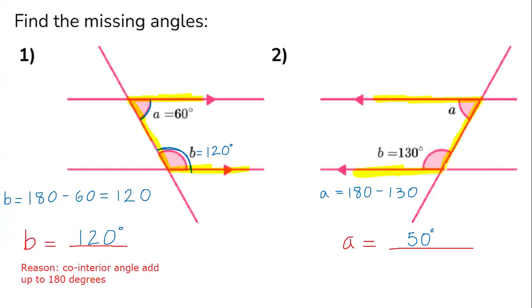So if this is the C shape, what type of angles do we call these? If we have the C shape on the inside, we call these what? Co-interior angles. Very good. And we know that they add up to 180 degrees.